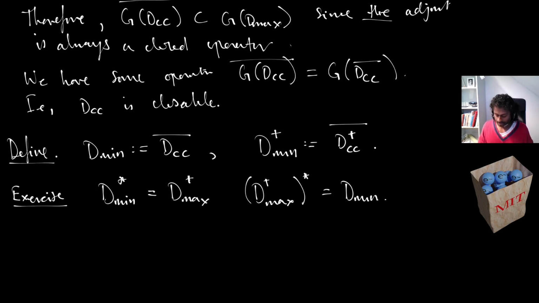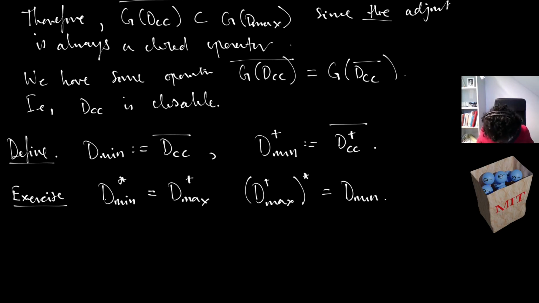And similarly you can say the same thing for the other pair of operators also, right? With the dagger and the non-dagger operators replacing each other. So what this is really saying is that D min and D max dagger are, hang on, have I written this right?